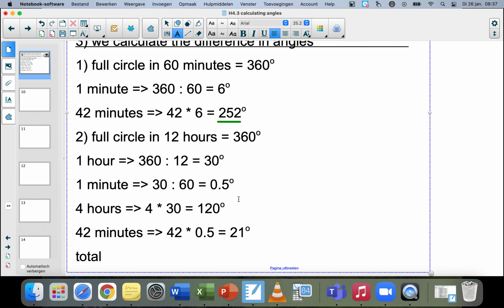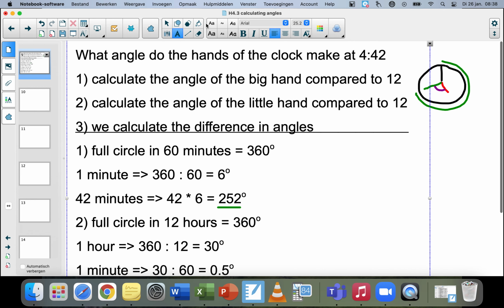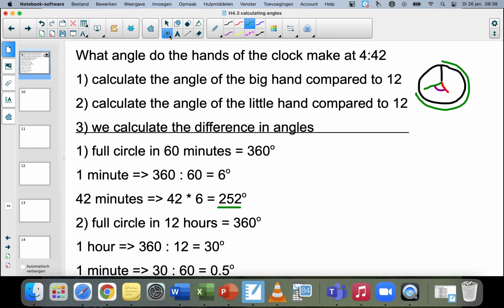So our total is 120 plus 21 is 141 degrees. So the little hand does 141 degrees.